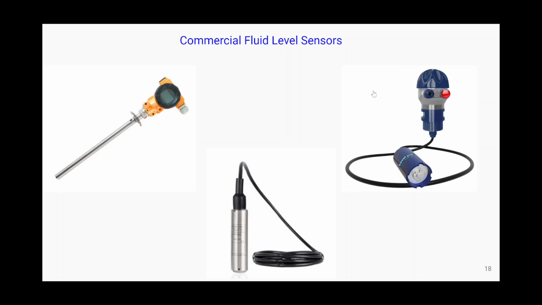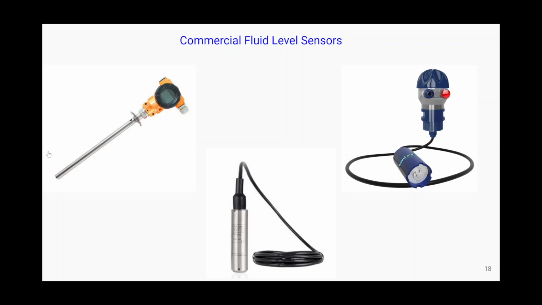Since we discussed fuel level sensing, it is good to see how industrial or commercial fuel level sensors look like. As you can see, they are very rigid, robust, with nice looks and packaging for commercial scale fuel level sensors.